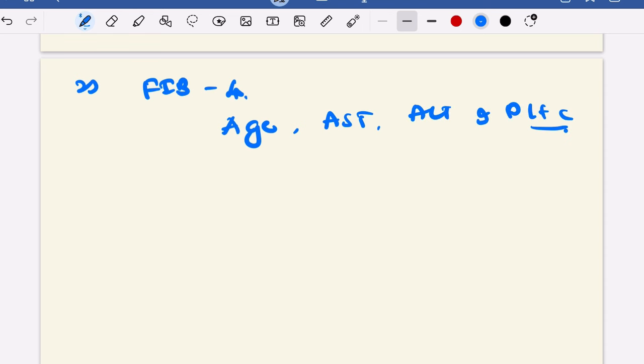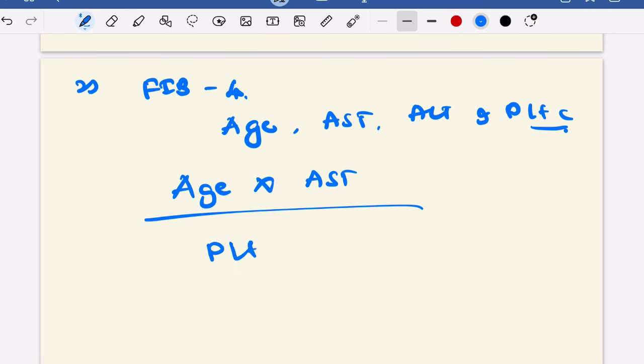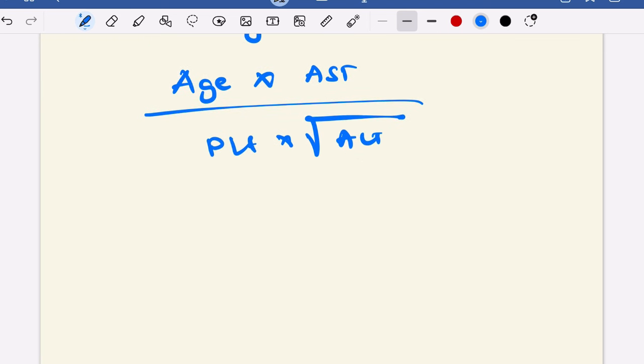How to calculate this? It's also very simple. Age into the patient's AST value, divided by platelet count into the square root of ALT. If the calculated score is more than 3.25, it is suggestive of cirrhosis.